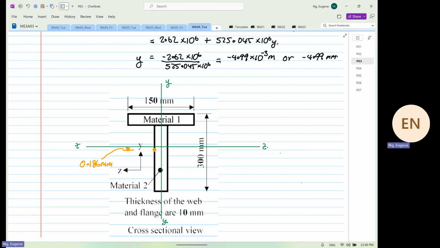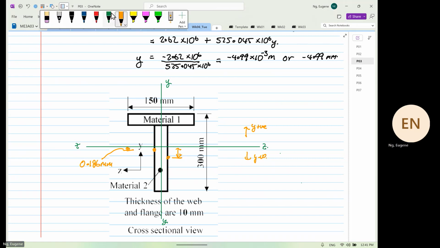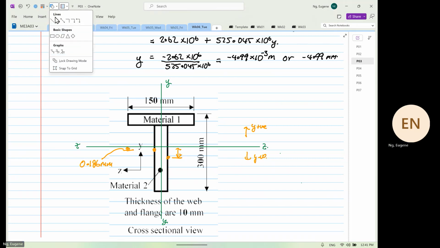Y down because it's negative, right? So anything above Y is positive. Anything below Y is negative. And the other one is 4.99. So this is the distance. Again, it's negative. Okay. So now if I'm going to draw a line, an orange line.